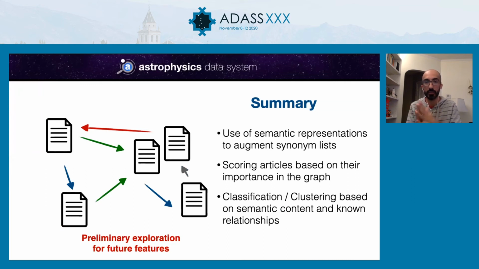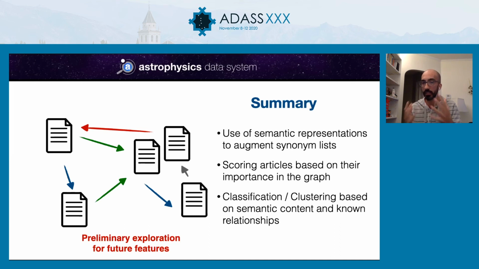So as a summary, we've seen that this can be a very interesting way to use semantic representations to augment the synonym list that we are using internally in ADS. We've seen that this strategy could also help develop features where we could score documents and articles based on the importance that they have in the graph.